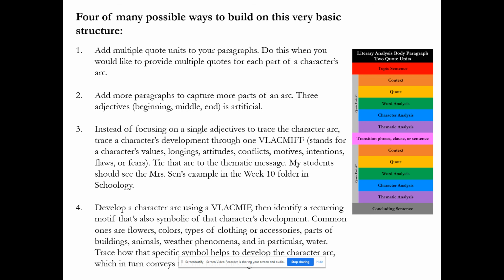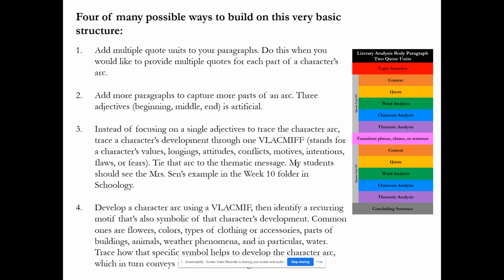You can trace how the symbol of water, the motif of water, at the beginning, middle, and end of the story help to trace Gatsby's experience, Gatsby's longing for a life that he is totally incapable of actually having, because that's not how the world works.